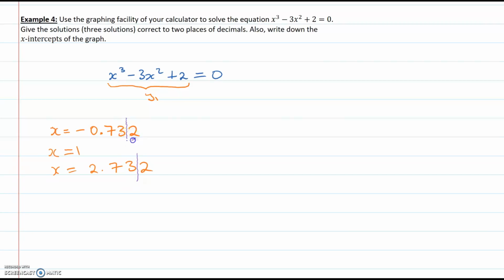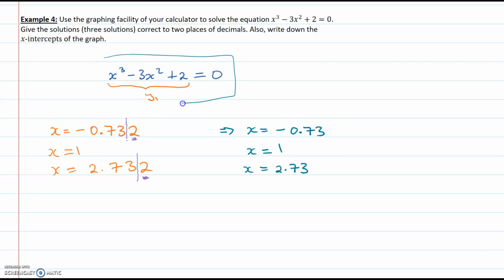In each case, the digit that follows the line is too small to cause any change to the digits in front. So our final answer is x equals negative 0.73, x equals 1, and x equals 2.73. Those are the solutions to this equation.